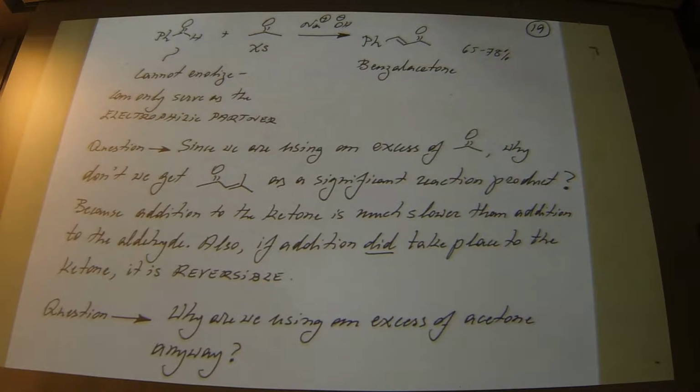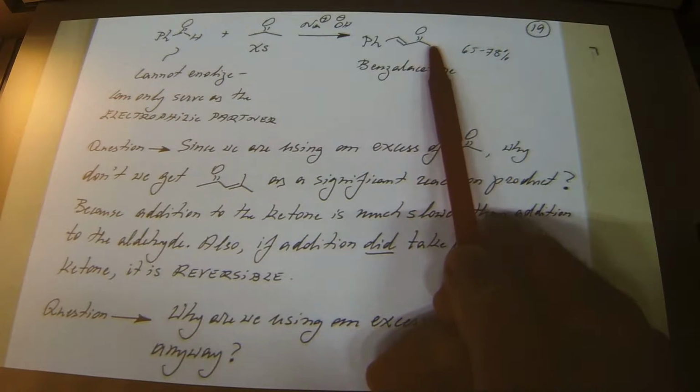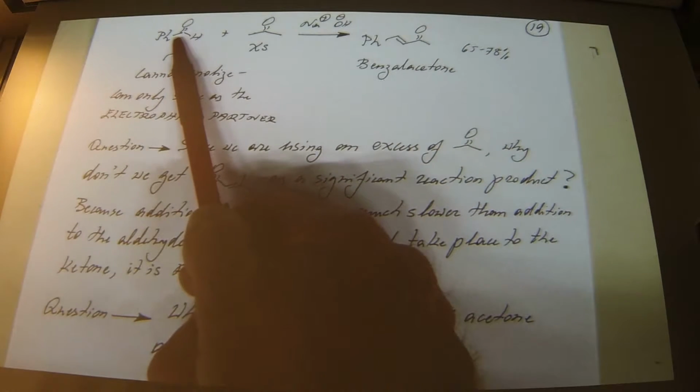Now think of the mechanism. You'll get here, right? Can this thing enolize? Yeah, sure it can. If you form the enolate here and it sees benzaldehyde, what's going to happen?